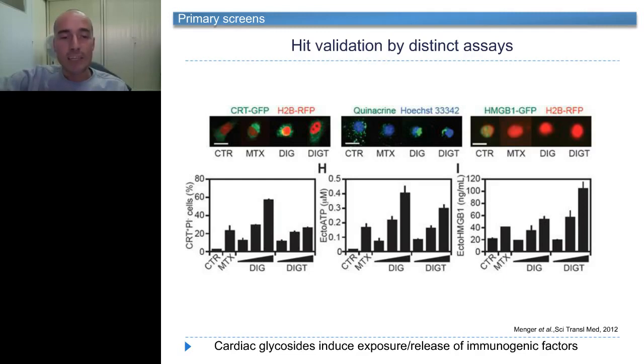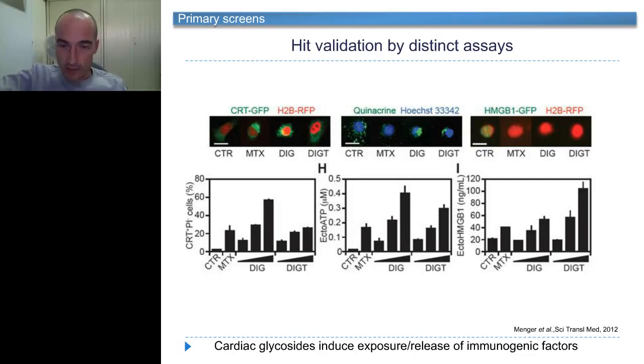We validated that the images that we got from the image-based screen really show the phenotype that we were looking for, and we then went on with the validations, and we used digoxin and digitoxin in a dose-dependent fashion, and we measured the exposure of calreticulin by FACS assays, we measured the release of ATP by luciferase assays, and we measured the release of HMGB1 by commercially available ELISA assays.